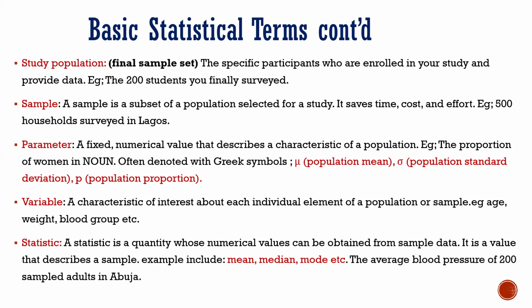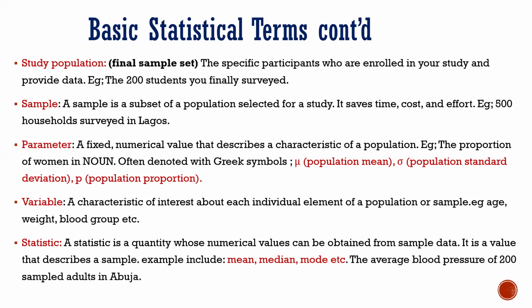Those people that you actually collected data from are your study population, and they are sometimes narrower than your target and your actual population. Do you understand?